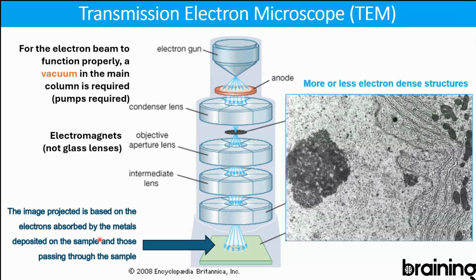For example, like this, we have some parts which are dark, which is the part where the metals are being deposited, and some other parts which are lighter. That depends on the amount of metals that have been deposited in the different areas of the cell. So we have more electron dense and less electron dense structures in the different tissues, cells, organelles, whatever we are looking at, okay?